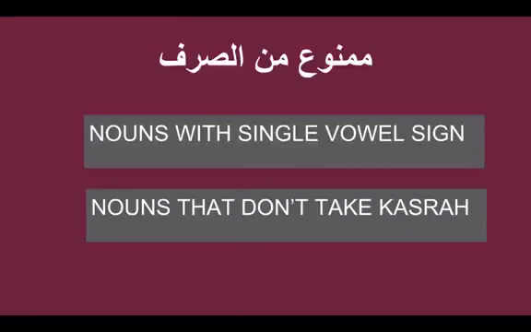That's another speciality of this. In the majroor form, like Muhammadun, Muhammadan, Muhammadin, here in the mamnu' min as-sarf, like Ahmadu, Ahmada, Ahmada, they take only fatha in the majroor form. We're going to learn about it in the next lessons. In this lesson, inshallah, we'll be doing the marfu forms.